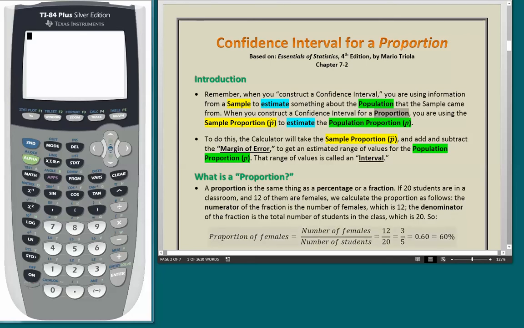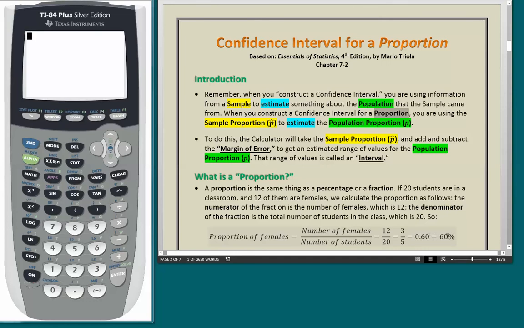So, the proportion of females equals the number of females divided by the number of students. The number of females is 12. The number of students is 20. That fraction is a correct answer, but we can simplify it down to 3 over 5 if we divide the top and the bottom by 4. We can also express it as a decimal, which is 0.6.